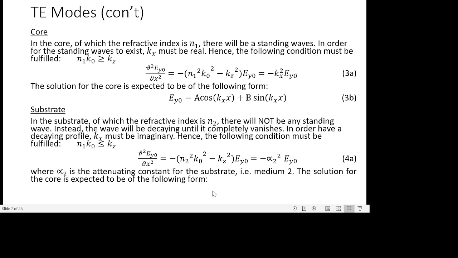The solution in the substrate is expected to be of this form, a non-sinusoidal expression, decaying with the attenuation constant alpha of 2, where 2 stands for the index of the substrate.